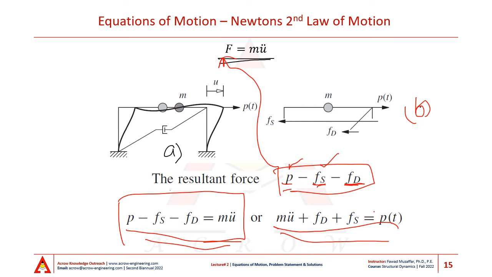Now I can further write this equation as m u double dot plus c u dot plus k u is equal to P(t). Here k u is because my column stiffness multiplied by the lateral displacement will give me Fs, and c u dot is because I'm using viscous damping, and my viscous damping is related to the velocity of distortion of the frame.